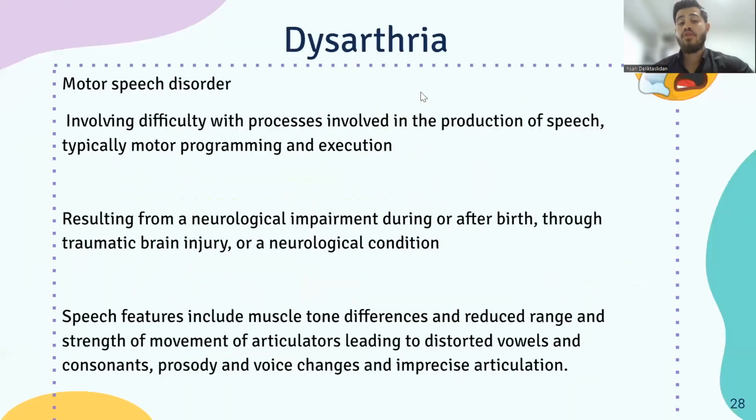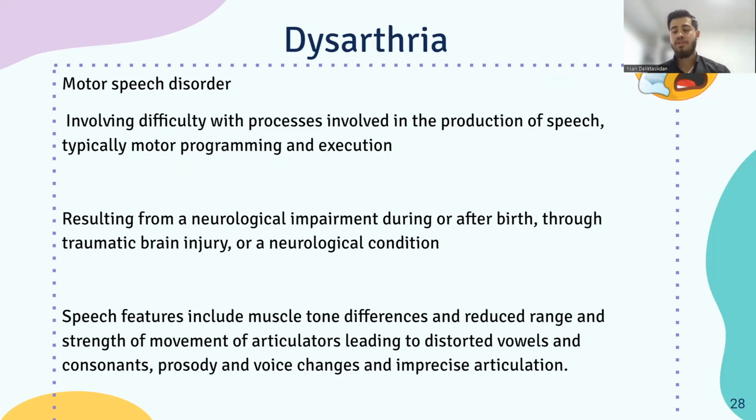Now, one of the most common or well-known speech sound disorders is dysarthria. Now, dysarthria is a motor speech disorder involving difficulty with processes involved in the production of speech, typically motor programming and execution.